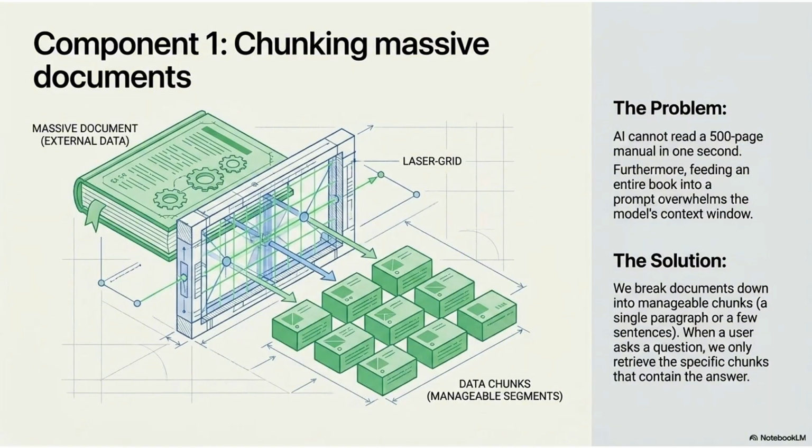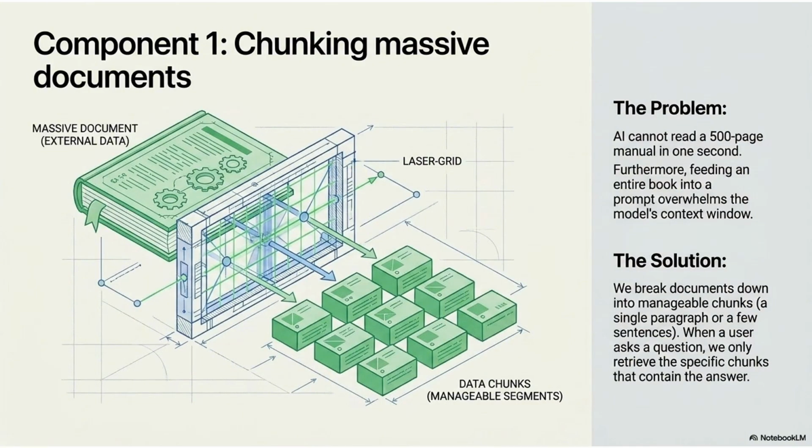First problem is AI can't read a massive 500-page manual in 1 second. So finding an answer to a question, it cannot just go through the whole document at once and then find an answer for you. It is very time consuming and it is not a feasible solution. So the solution to this problem is called chunking.